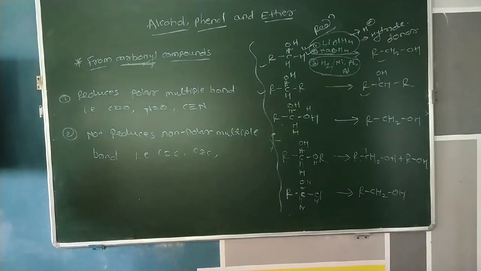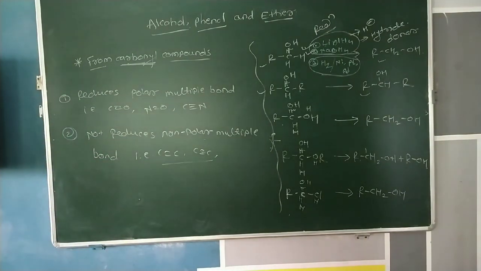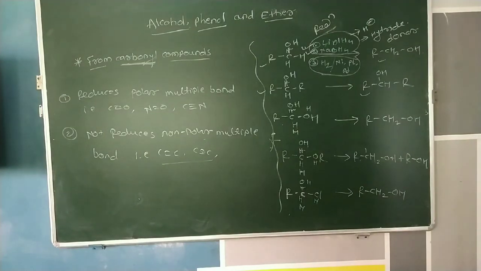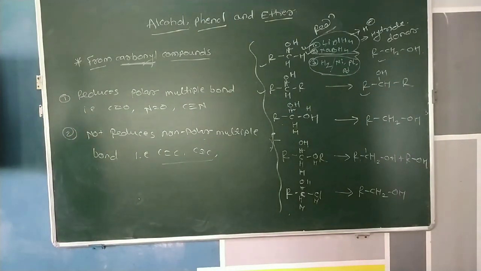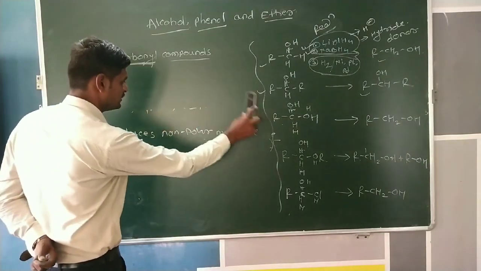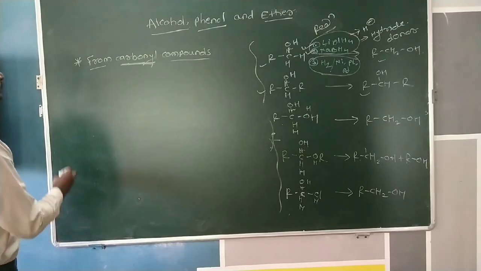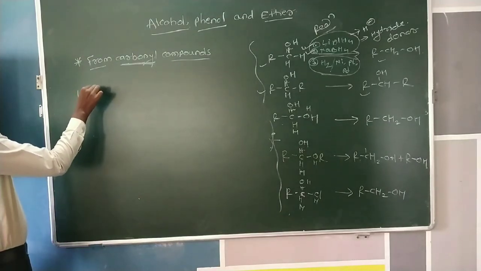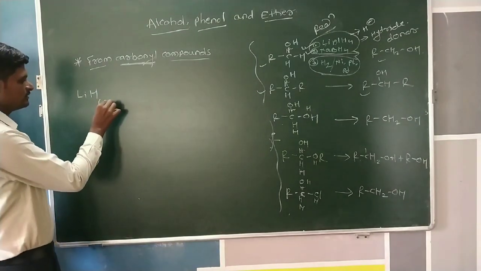These non-polar multiple bonds are not reduced by lithium aluminum hydride. Okay, then firstly we will consider the preparation of lithium aluminum hydride. Lithium aluminum hydride is prepared from a paste of lithium hydride.